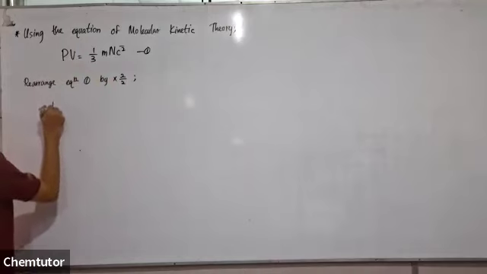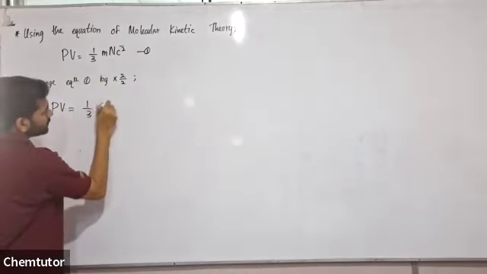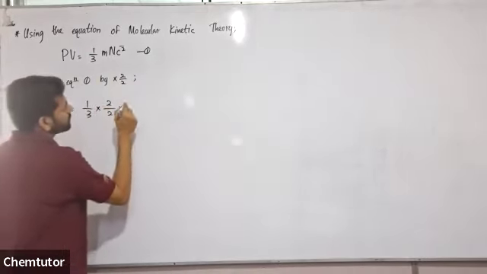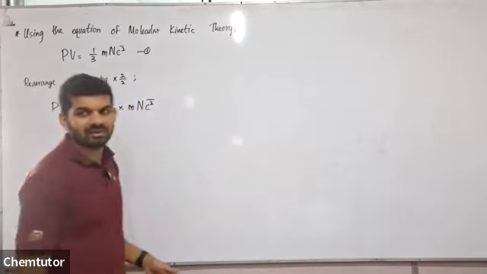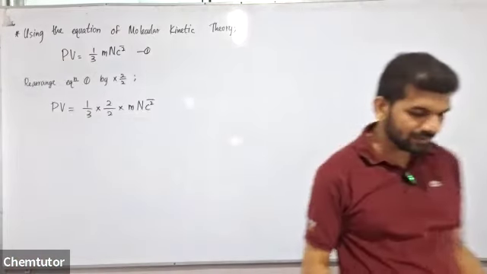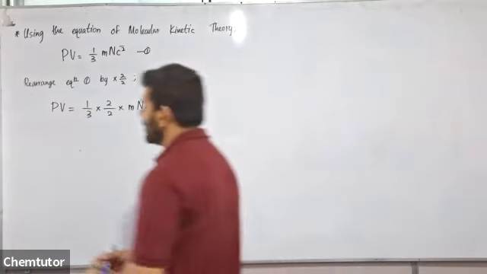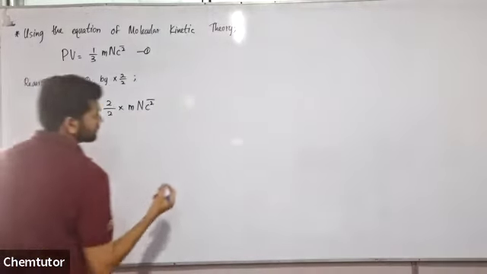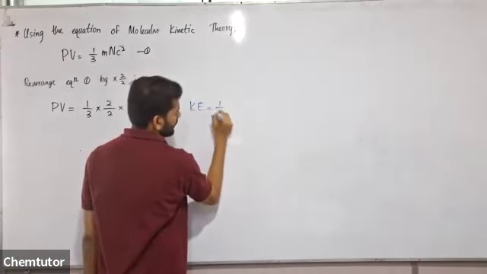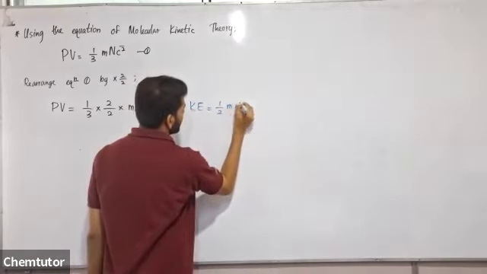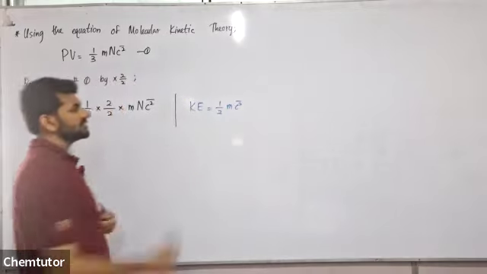So we can say PV equals 1/3 into 2/2 into mNc squared. Then we know that the kinetic energy of a particular gas equals half mv squared, so it is half mc squared.